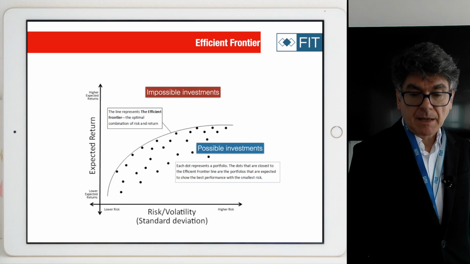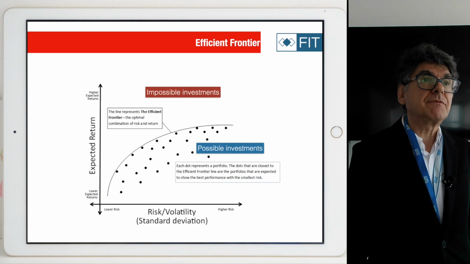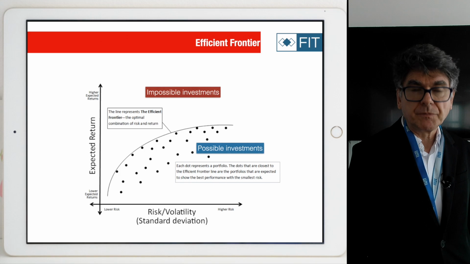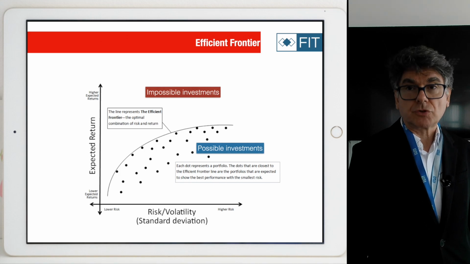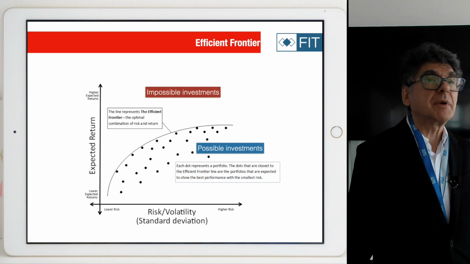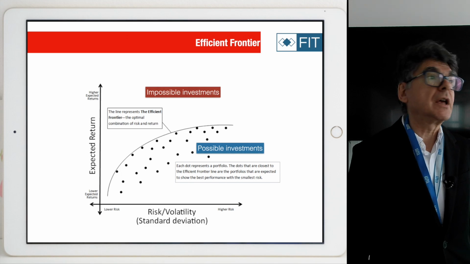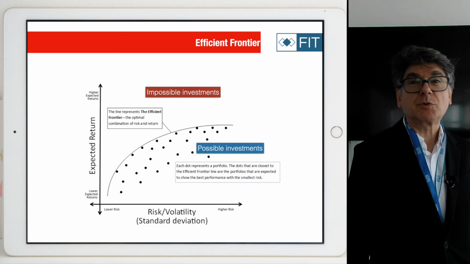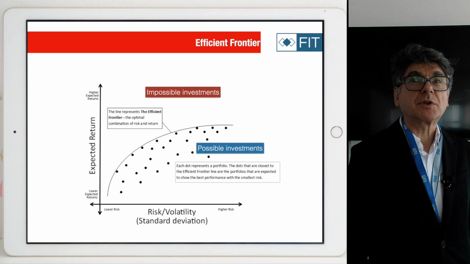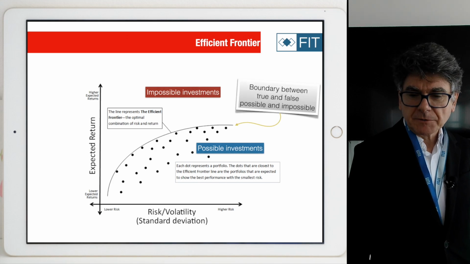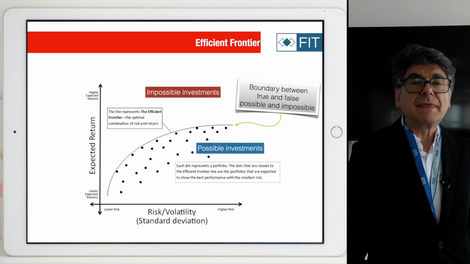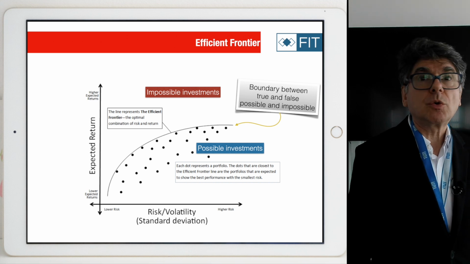You can always make your investment better by going towards the coast. So the optimal investment will always be on the coast, as we all know. That's why beachfront properties are so expensive, right? All right. So that is where you want to invest.